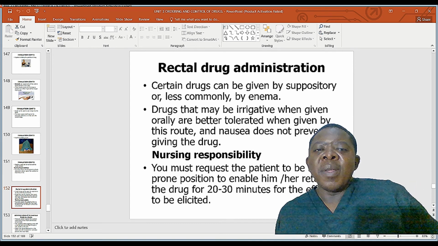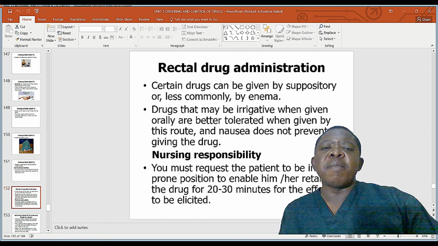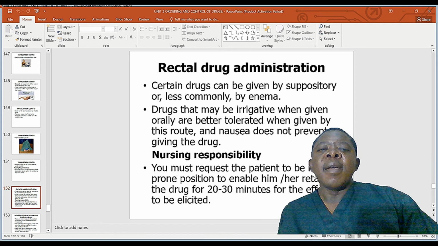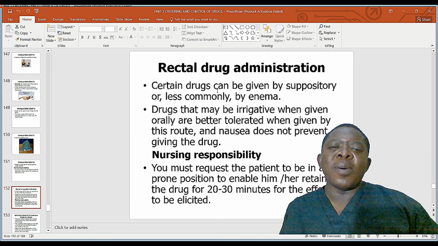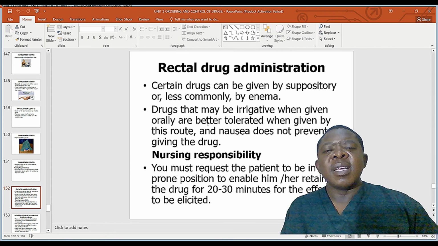Each drug, with whatever route has been used, may bring about some side effects. But if it cannot be tolerated orally, we have certain drugs that have been manufactured just to be administered through the rectal route.